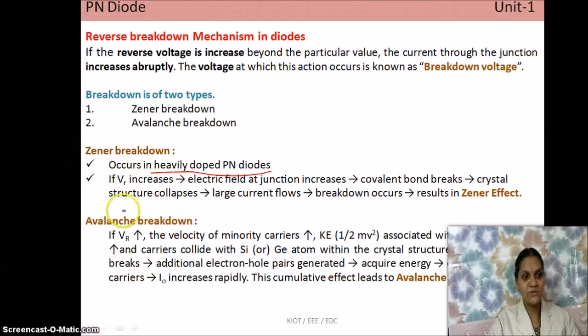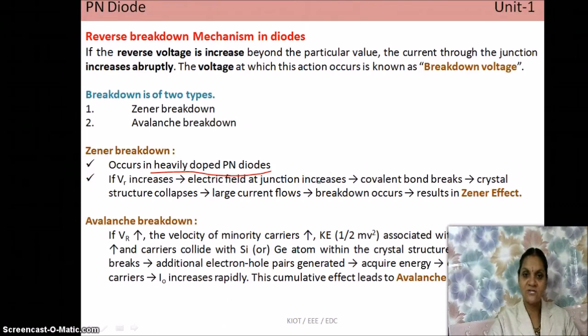So how is it actually happening? If the reverse voltage increases, what happens? Reverse voltage increasing means the electric field applied to the PN junction diode also increases. Once the electric field increases, because of that external electric field, the covalent bonds existing inside the crystal structure break down. Once the crystalline structure collapses, all the electrons come out of the crystalline structure and become free electrons.